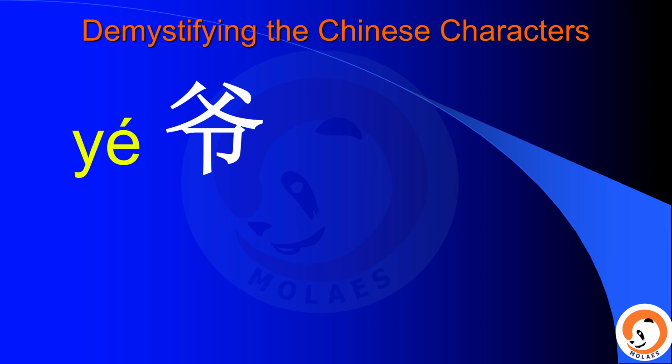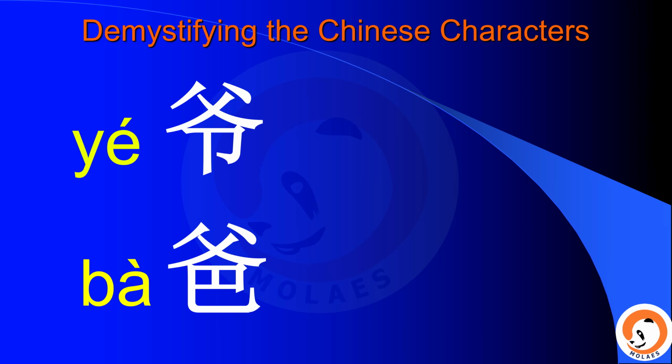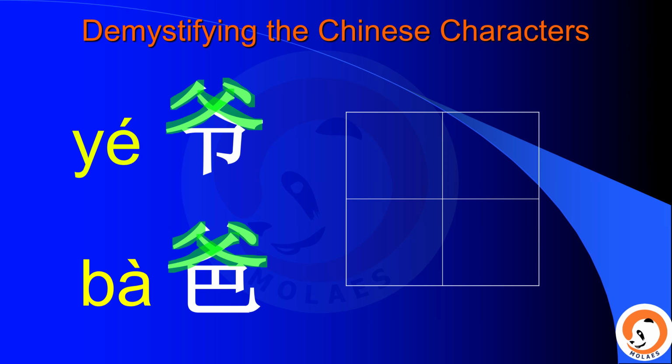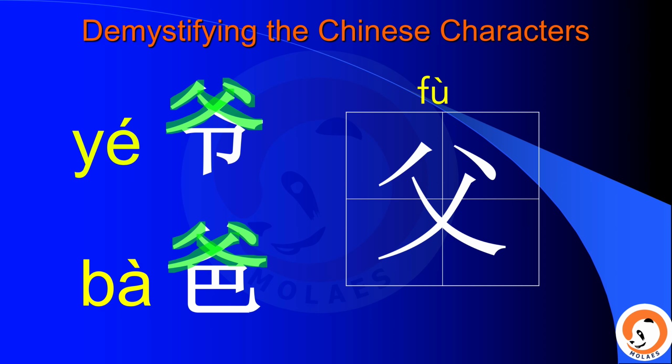Now I'd like you to look at two characters. 爷爷 grandpa. Do you remember how to say that? 爸爸. So 爷 and 爸, in these two characters, they share the same radical on the top. This radical itself is also a character, 父.